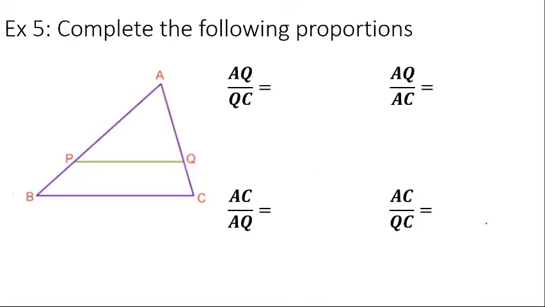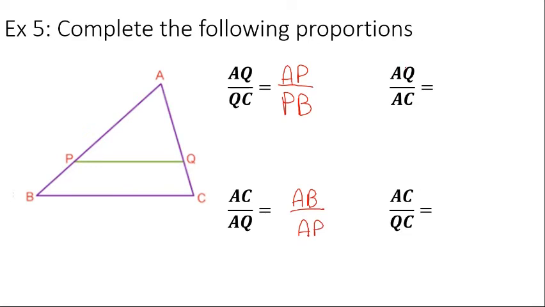Example 5. So here, AQ goes with AP. QC, bottom part over here, goes with PB. Okay. AC is the whole segment, which means it's the whole segment here is AB. AQ is the top, so the top part here is AP.